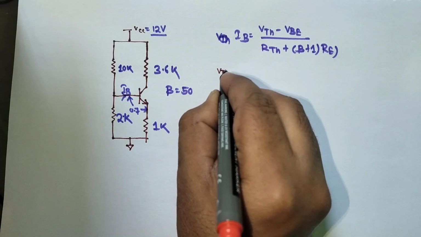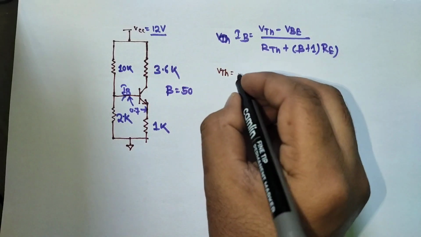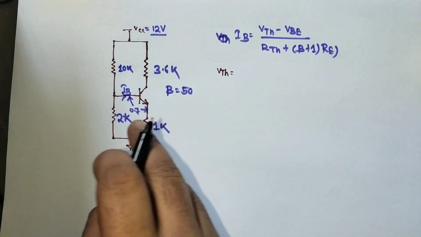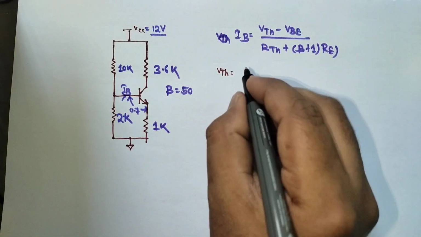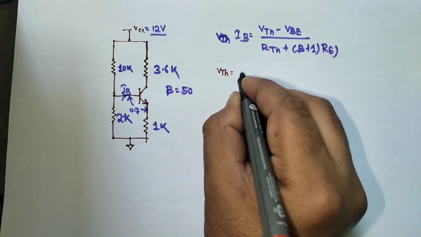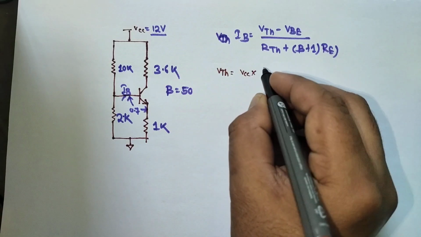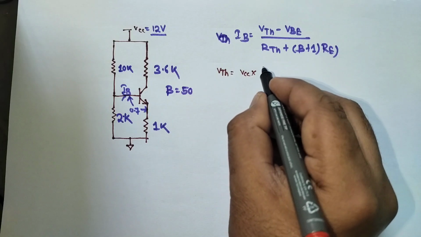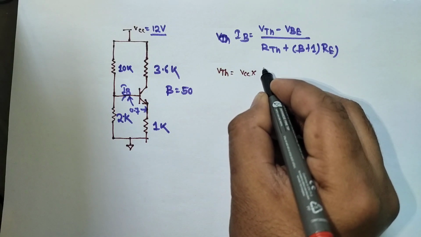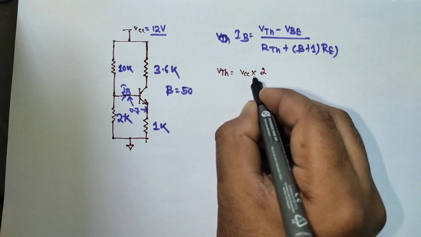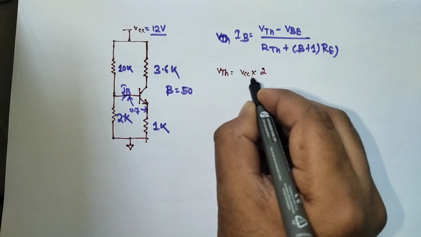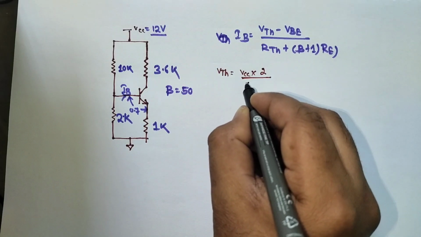Here VTH equal to, okay, VCC equal to 12 volt. We know VTH equals VCC into this 2K divided by 2 plus 10.